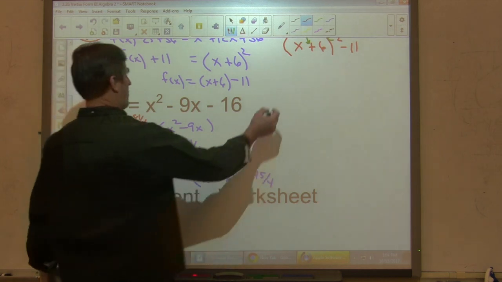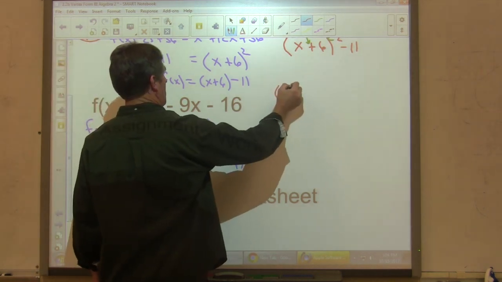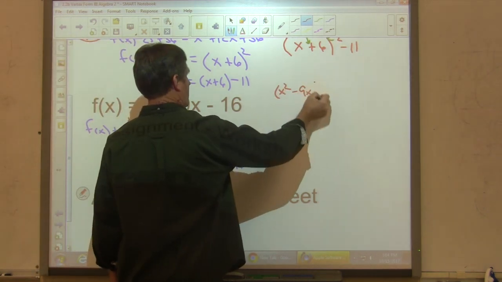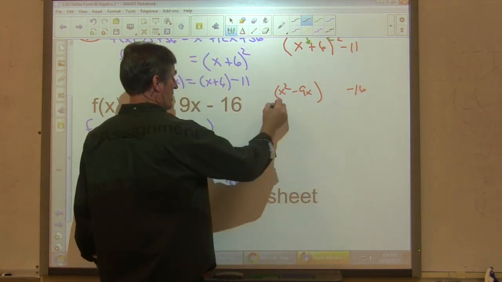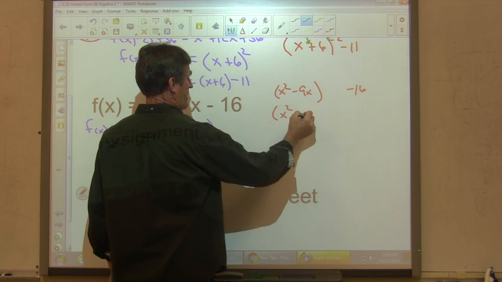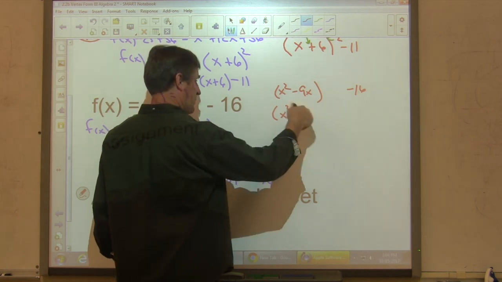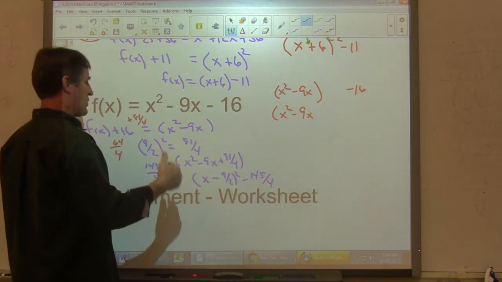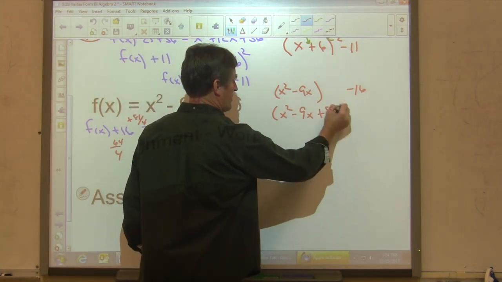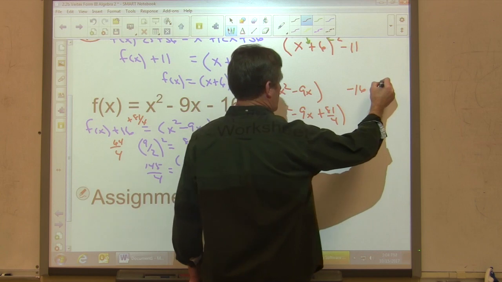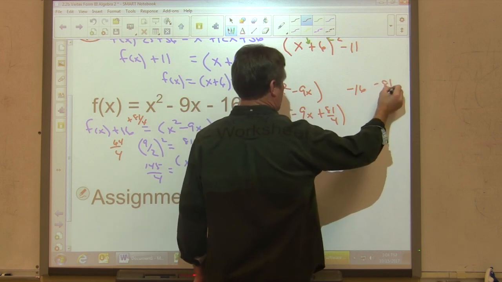If we would have done it the other way, remember we group the x's. We move the 16 outside. X squared minus 9x. Again, we take half of 9, which is 9 halves. We square that, which is our 81 fourths. So since we added 81 fourths, we subtract 81 fourths.